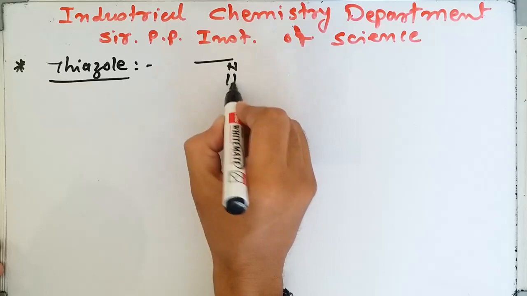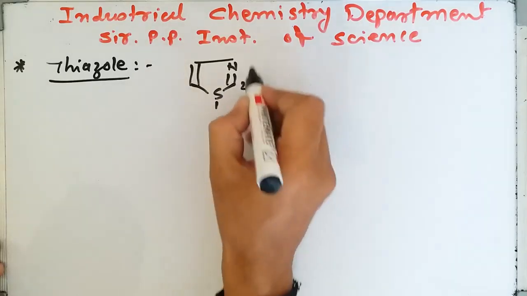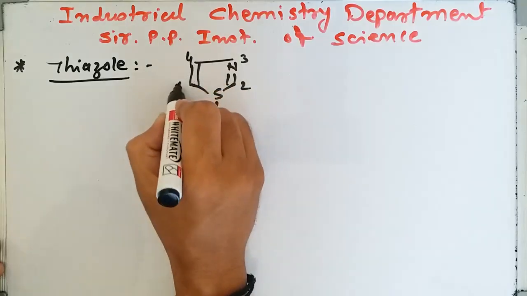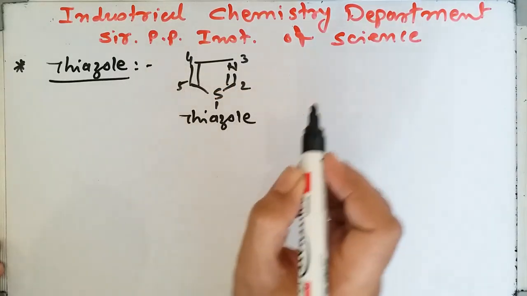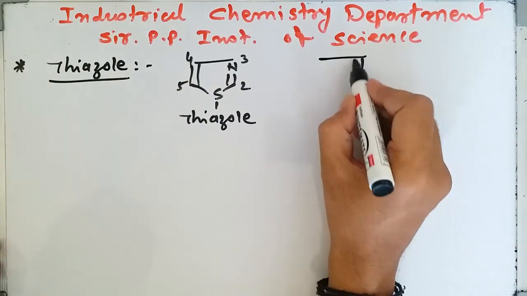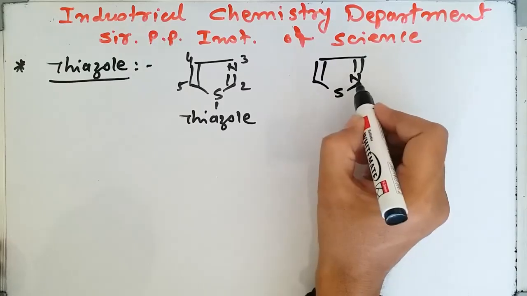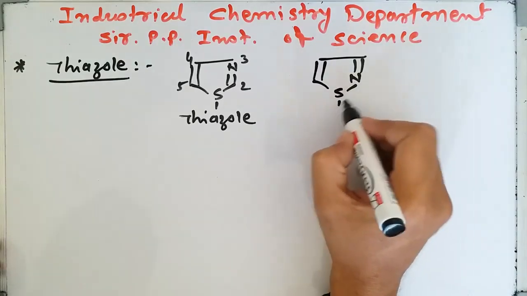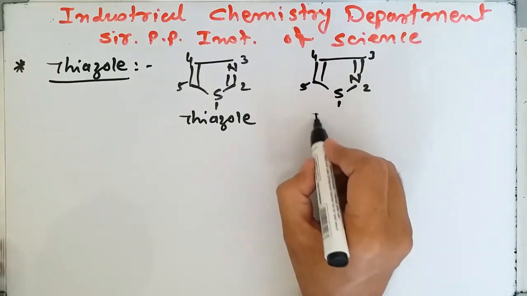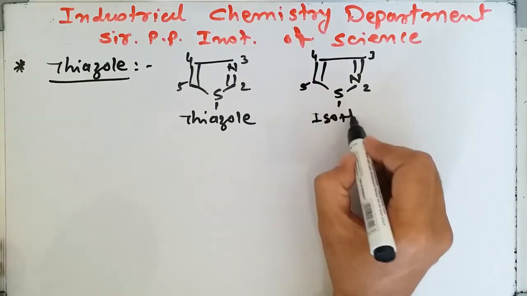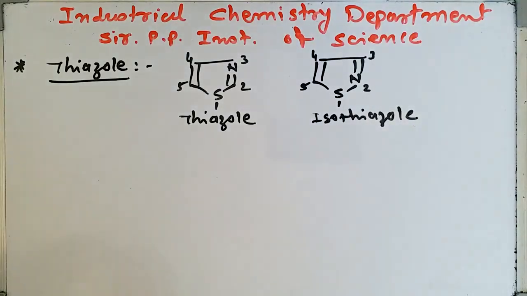First one is thiazole, positions 1, 2, 3, 4 and 5. This is thiazole, and nitrogen is at position 3. This is isothiazole, where nitrogen is at position 2.